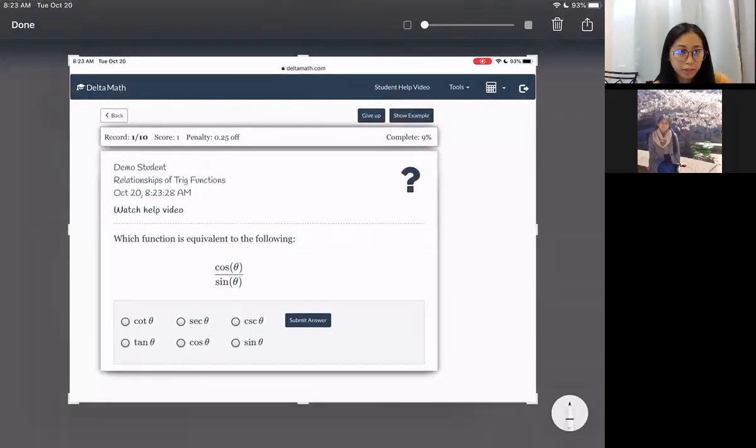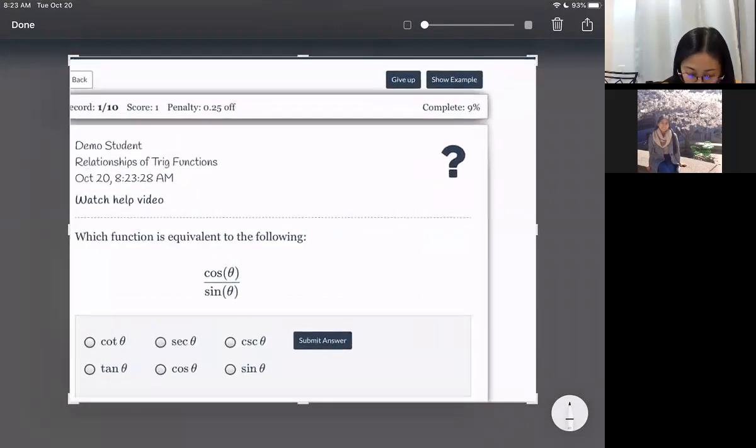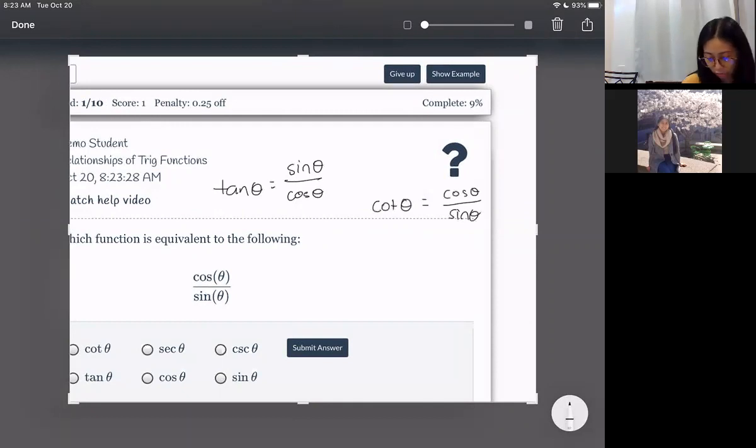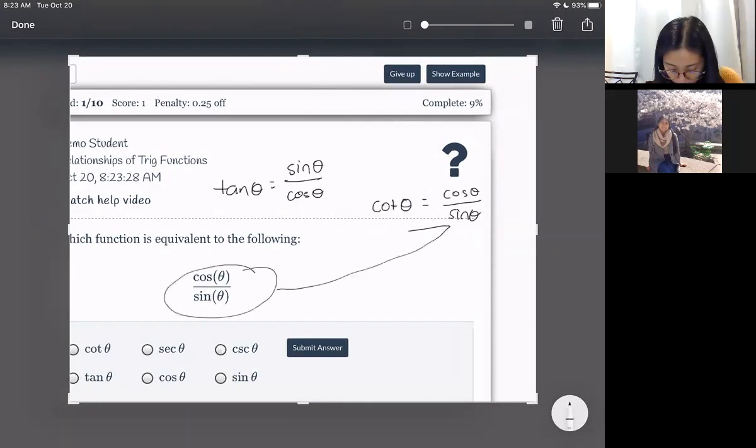For this one, which function is equivalent to the following? For cosine over sine, sine over cosine, I want to remind you guys that you have tangent is sine over cosine, and that cotangent is cosine over sine. So in this case, we have a cotangent. So just select that on your multiple choice.